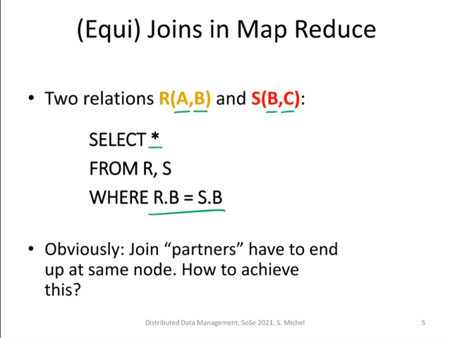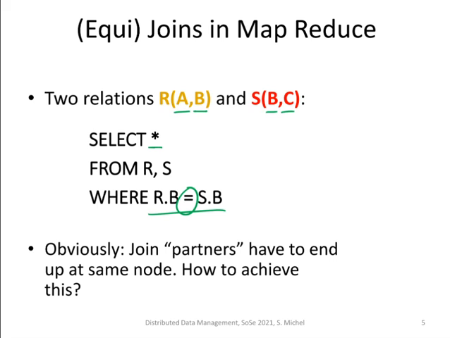Of course, we could also write it differently. We can also write the natural join, because here the B attribute is common for both, and we can also use the expression join on this predicate, but here this is the same. Anyway, the database system would solve it like this. So this is a typical join query, an equi-join query, because we're testing for equality here.